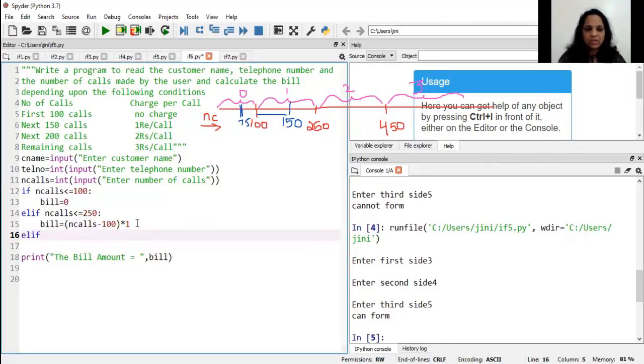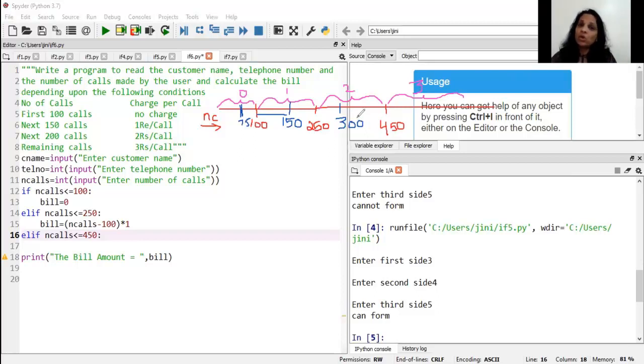Now the next condition is elif. What's the next condition? You come under which category? What if your number of calls is less than or equal to 450? To understand this, let me talk about some section here. Let's say I made 300 calls. Won't I be in this category? Yes. Now, are you going to be charging me 2 rupees for all the 300 calls?